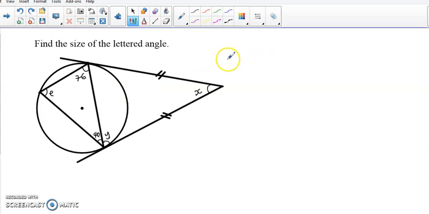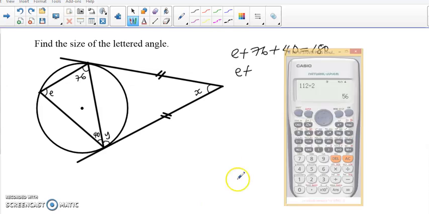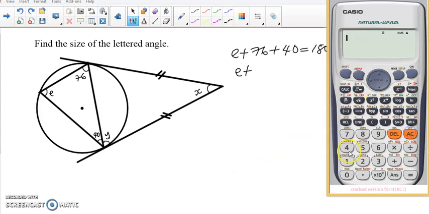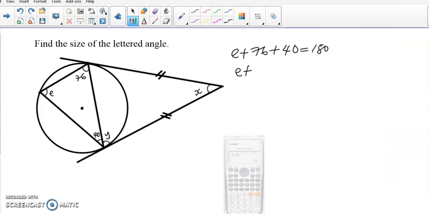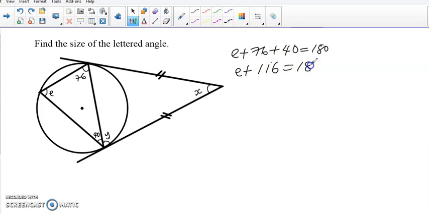So E plus 76 plus 40 is equal to 180, sum of angles in a triangle. If we sum 76 plus 40, that gives us 116. So we have 116 plus E is equal to 180.